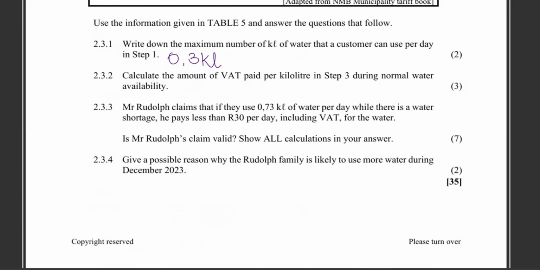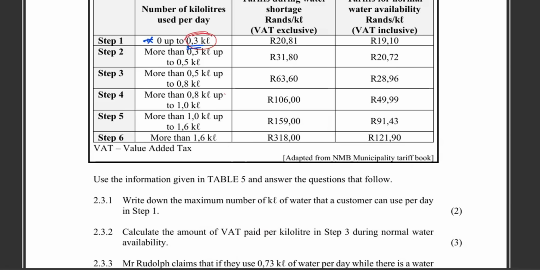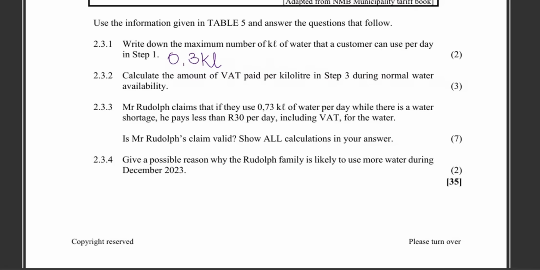Calculate the amount of VAT paid per kiloliter in step number 3 during the normal water availability. Let's look. This is the shortage and this is the normal. So step number 3 here we have. But remember, this price already includes VAT. So the question wants you to calculate the amount of VAT paid.